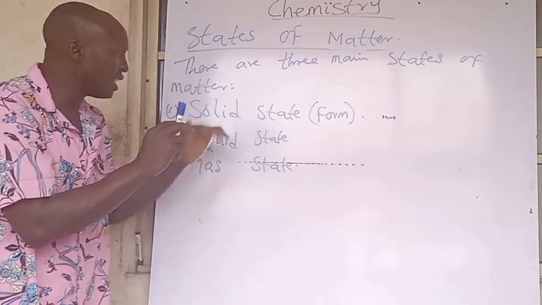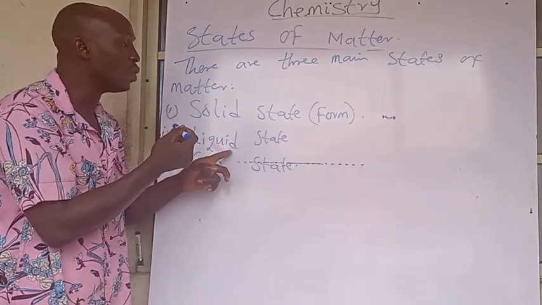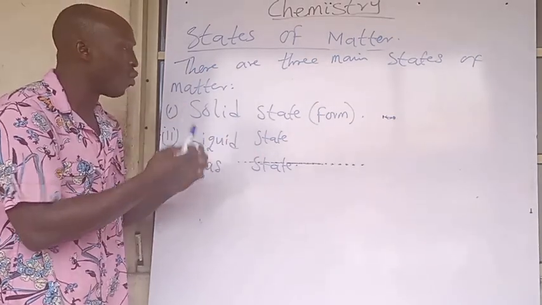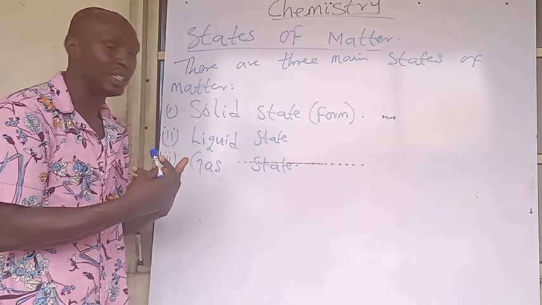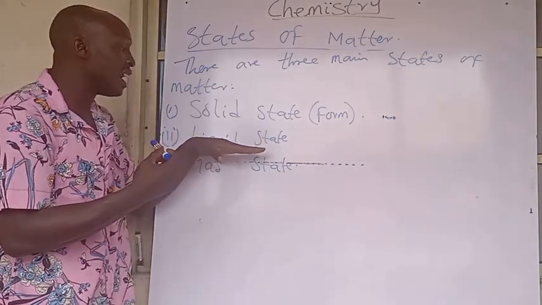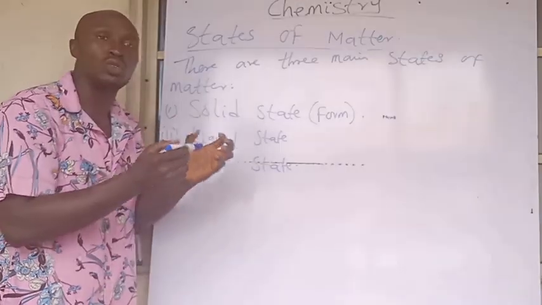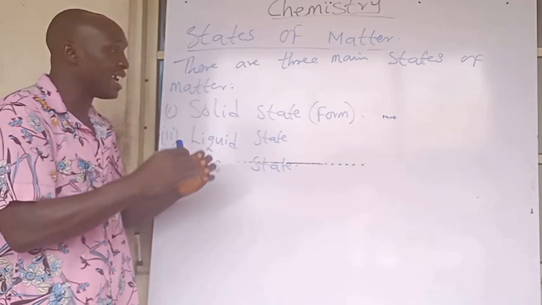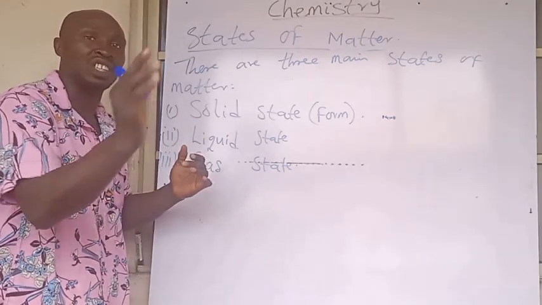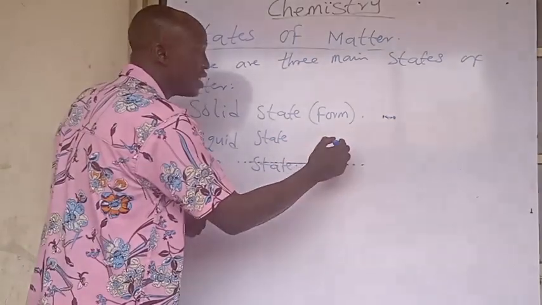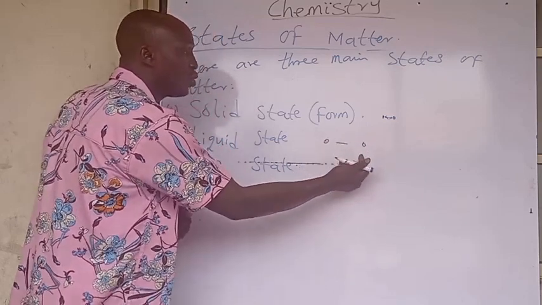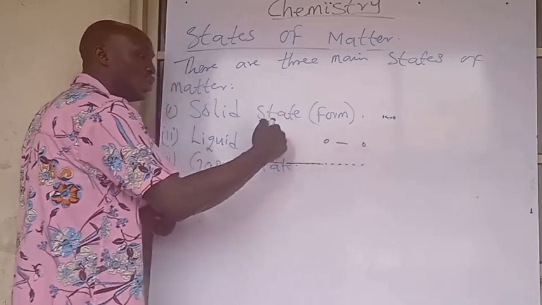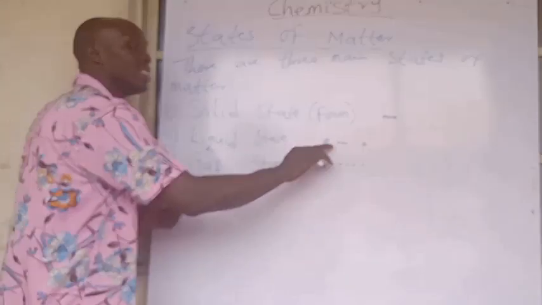Now, let's look at the second one, which is the liquid state. How do you identify a liquid matter? In this state, the atoms are not closely packed together. They can easily move. That is to say, the intermolecular forces between one atom and another atom, or one molecule and another molecule, or one ion and another ion that makes up this liquid matter, are far apart.